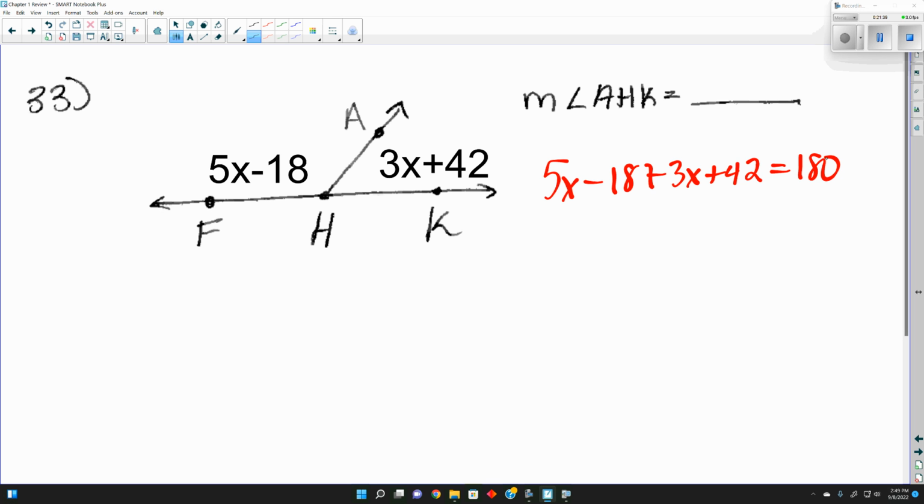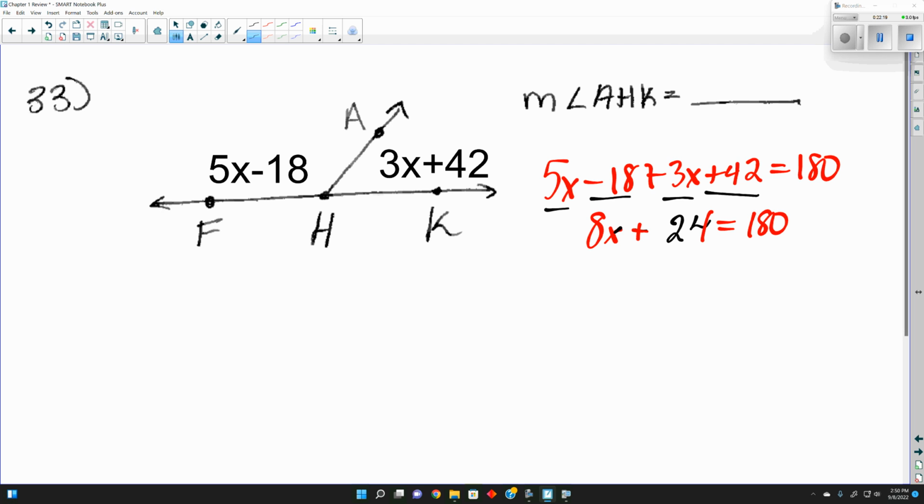Combine like terms, so 5x plus 3x is 8x, and negative 18 plus 42. Well, we know it's going to be positive, yes, because 42 is bigger than 18. And it is 24. And again, you can plug that in a calculator, negative 18 plus 42 or 42 minus 18. Either one will get us to 24. How'd you get 8?